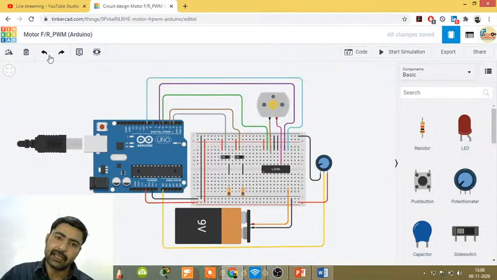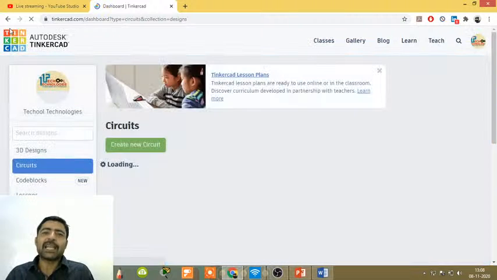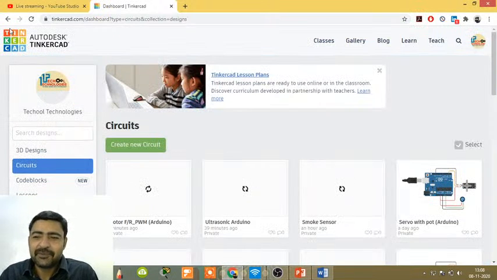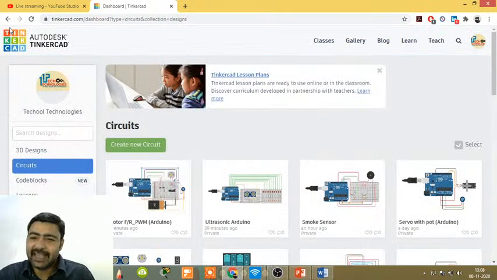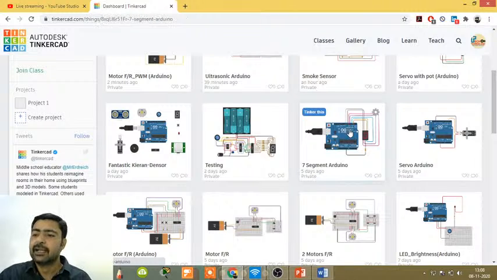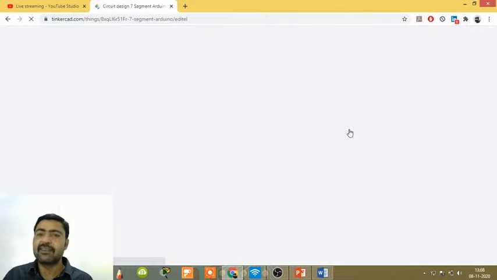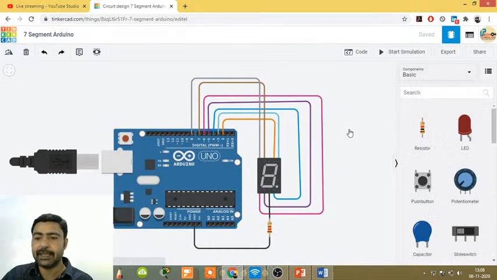Okay. Now moving to another project, which I believe will be very exciting for you. This is a 7-segment display project.